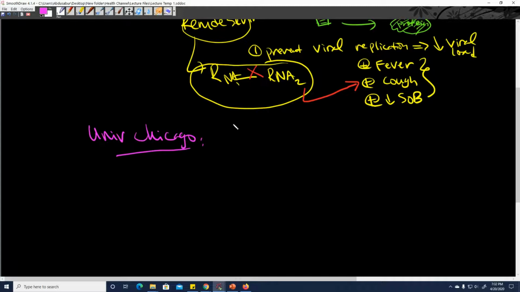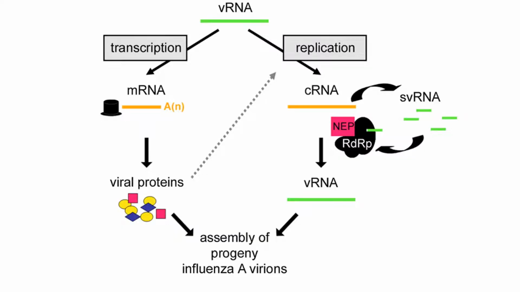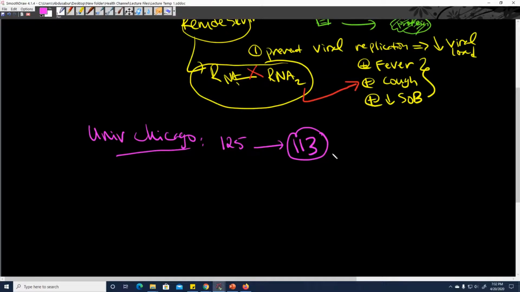Basically, they took 125 patients, and out of that they found that 113 patients had severe disease, and they gave a daily infusion of the medication Remdesivir, and of these 113 patients, around 111 patients felt better.